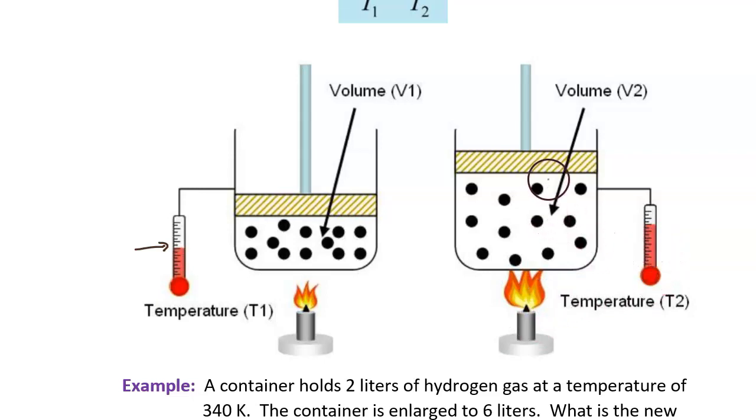Notice what happened to the volume. With greater kinetic energy from that extra heat, the particles are striking the container more often. When they strike the top of the container, they're going to force this piston upwards, which increases the size of the container. Increasing the temperature increases the volume.